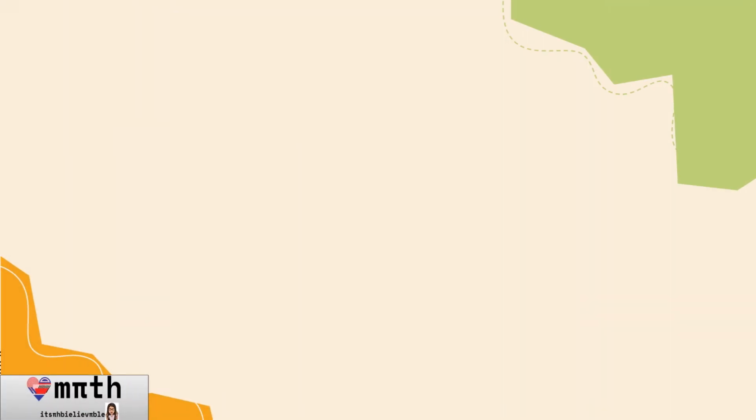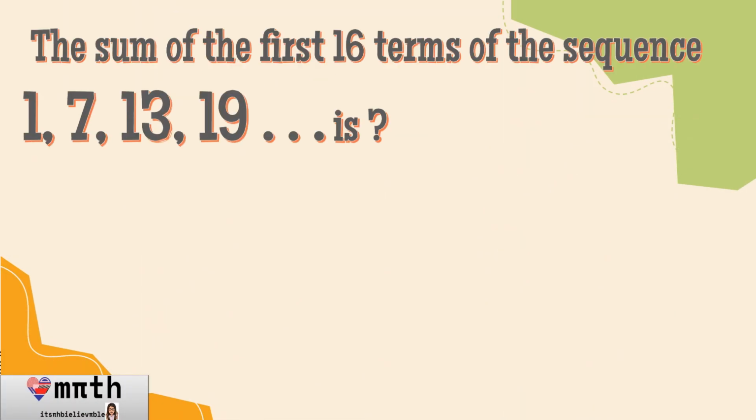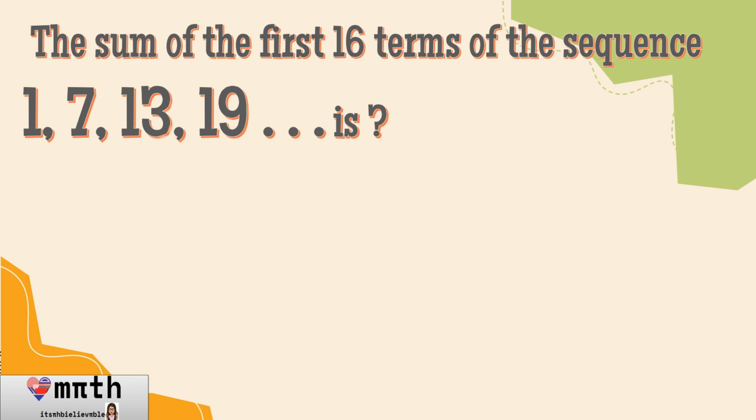And now, let us have an example. For number 1, what is the sum of the first 16 terms of the sequence 1, 7, 13, and 19? The first thing that we should do is to get the values of the given.